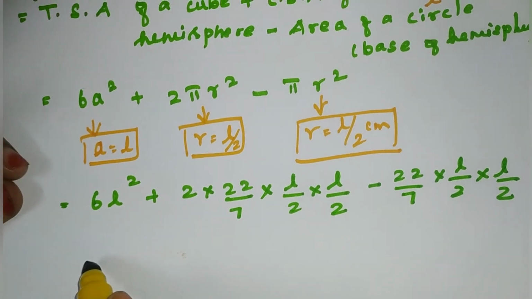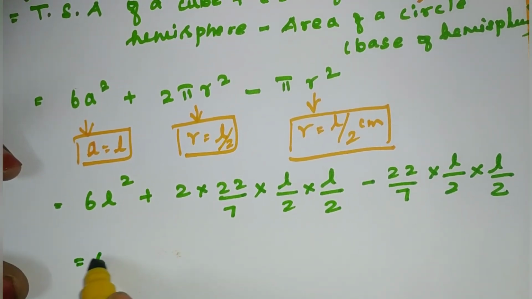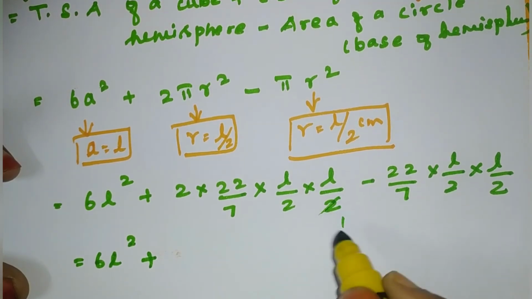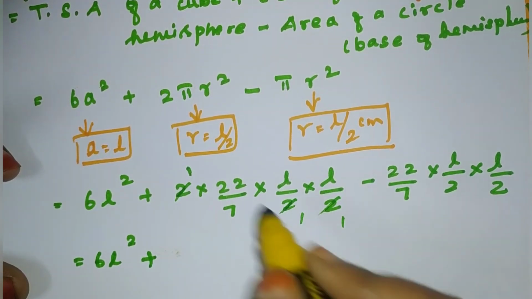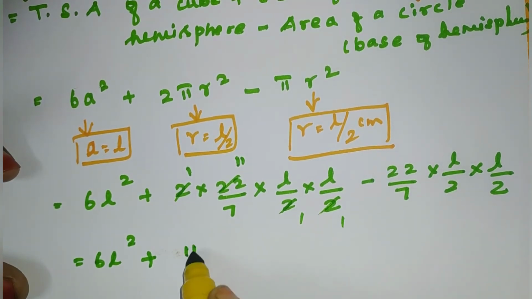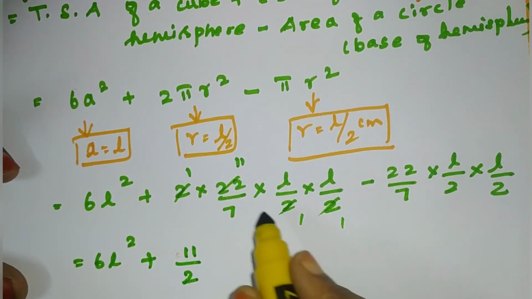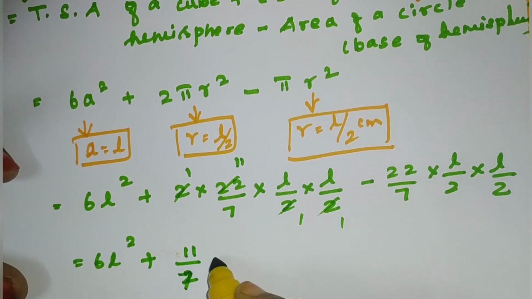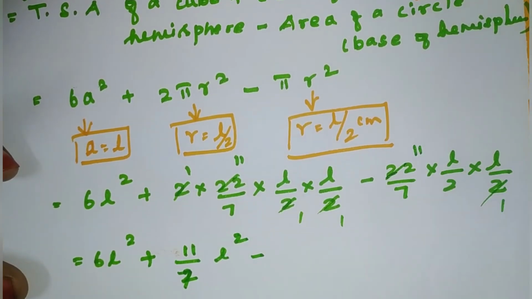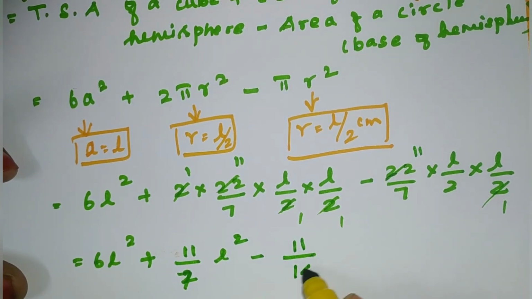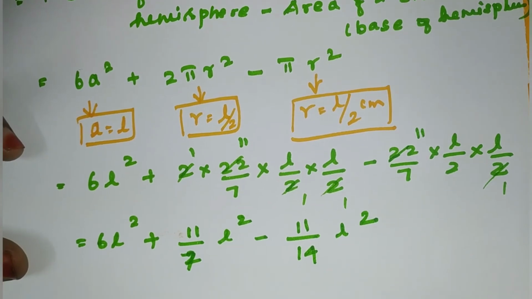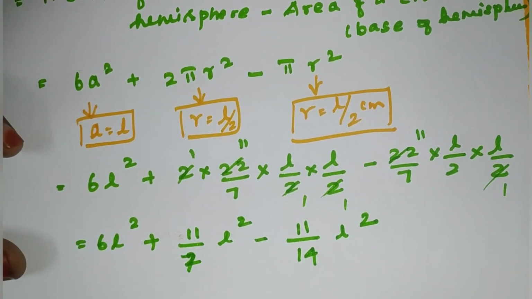So 6L square plus, 2 ones are 2, 2 ones are 2, 11 by 7 L square, minus 2 ones are 2, 11 twos are 11 by 14 L square.